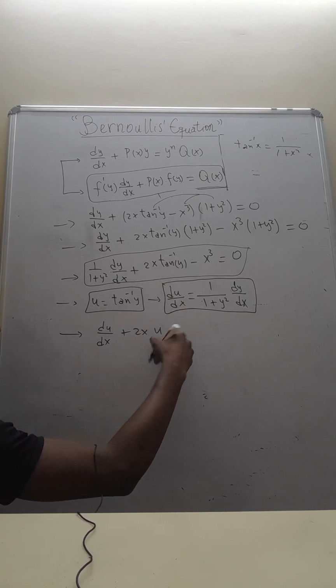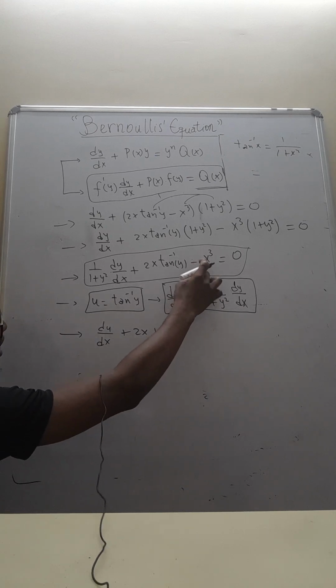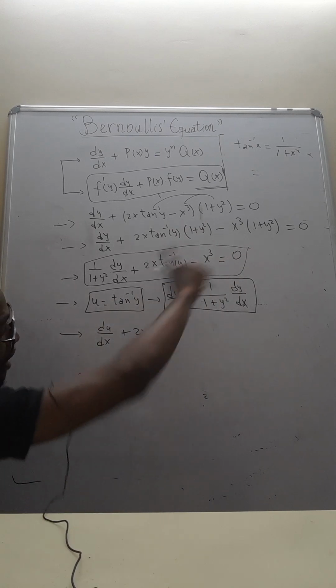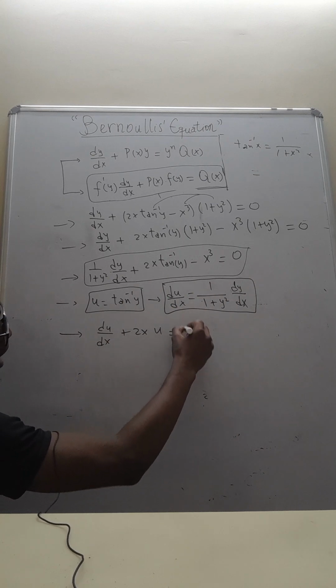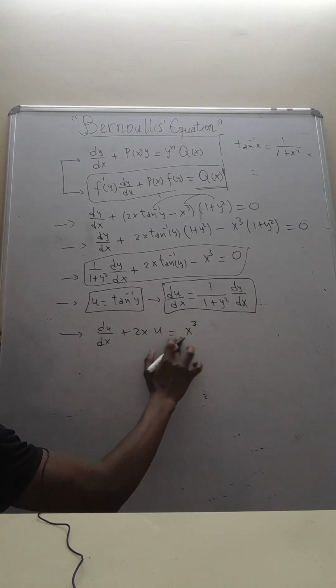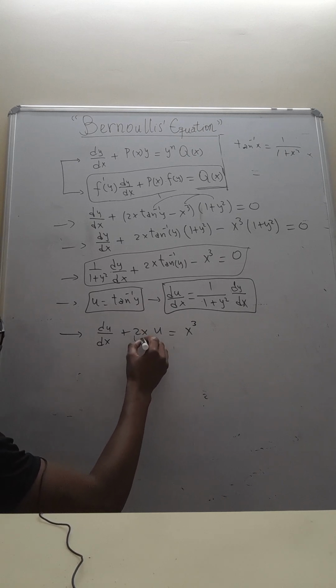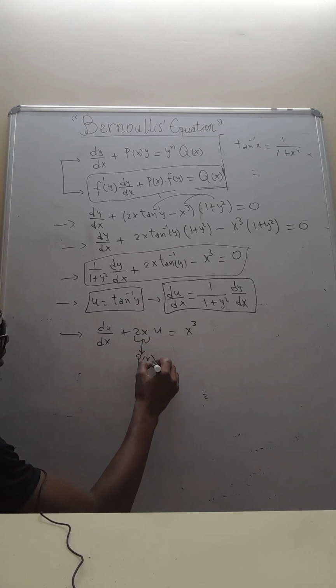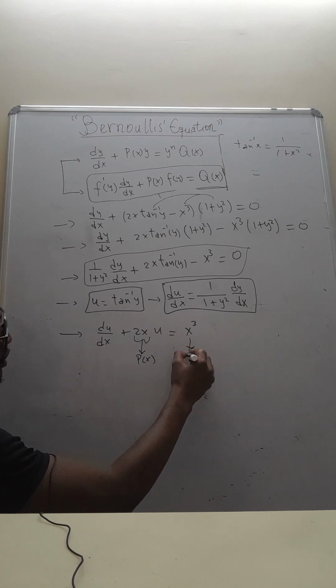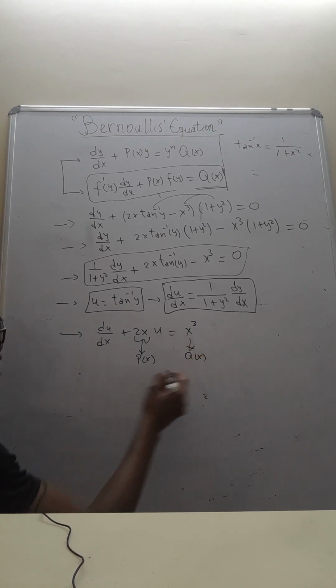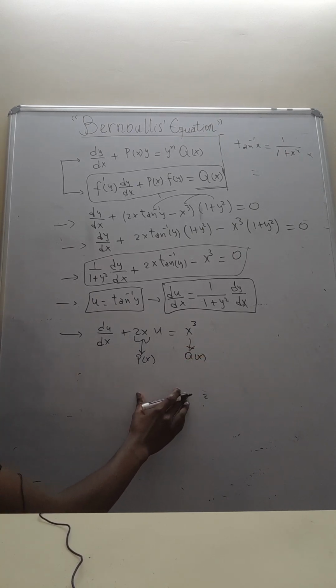This minus x cubed, as it is a term of x only, can go outside, and it will be your x cubed. So this expression here is your p of x, and this one is your q of x. In this form it is reduced.